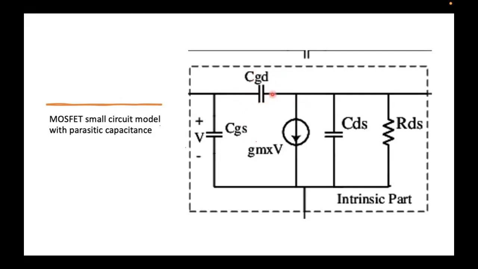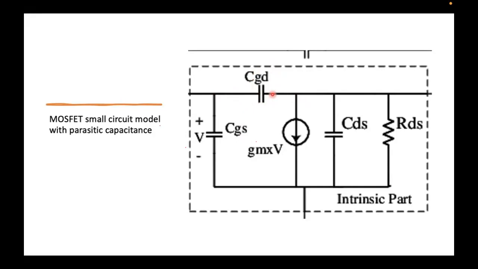Later on, we are going to discuss in detail how you can analyze this Miller effect on your circuit or on your amplifier. We will make a detailed mathematical description for that, but let's keep this in mind.